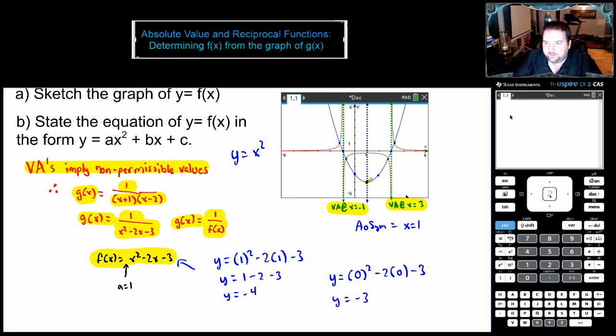By plotting in the points that would arise if a was 1, and then seeing what happens from this point on, we could see that a equals 1 does in fact work because it passes through the known points that we have identified earlier, these 6 known points. And so we can definitively now say that the answer is f of x equals x squared minus 2x minus 3.